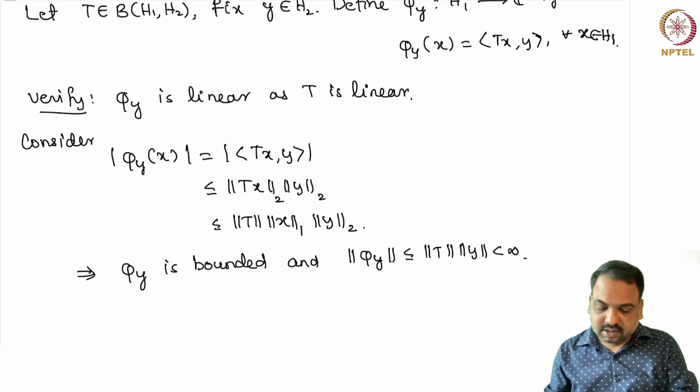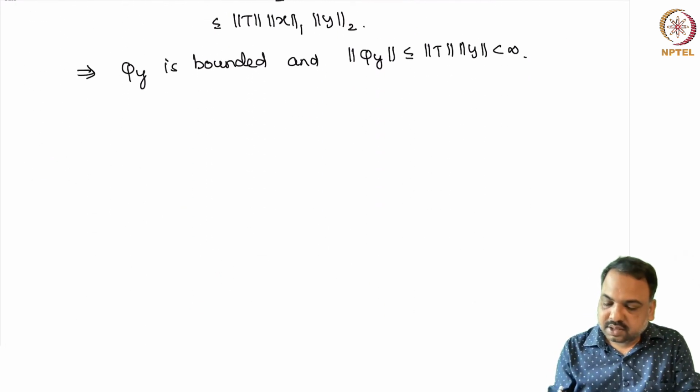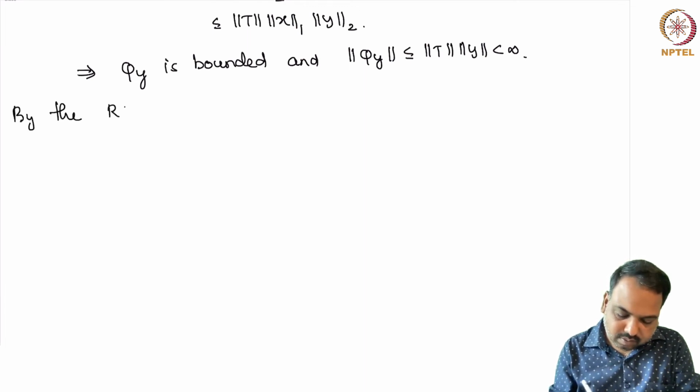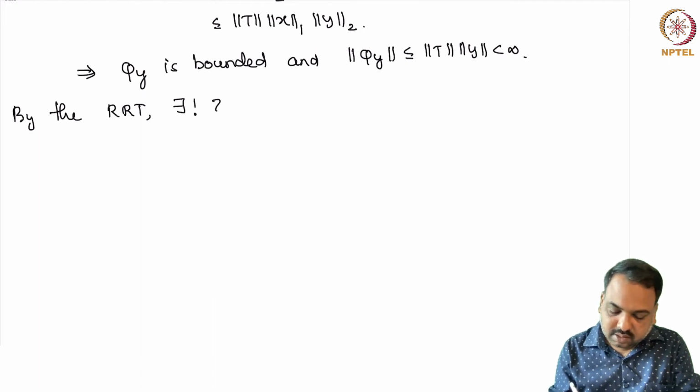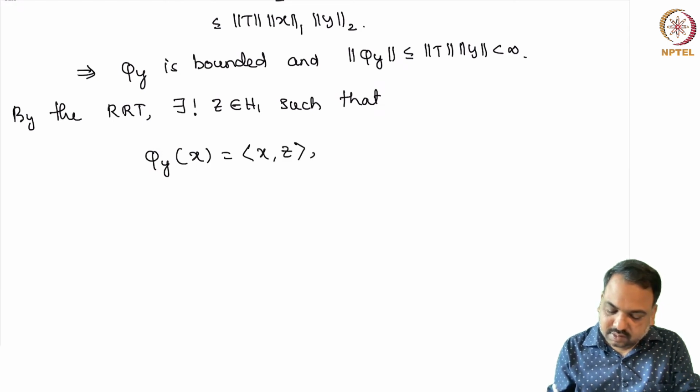Now we can apply the Riesz theorem to this particular functional phi suffix y. By the Riesz representation theorem, there exists a unique z in H1 such that phi y at x is the inner product of x with z, for every x in H1.